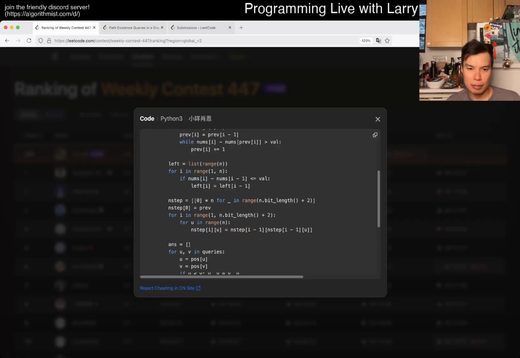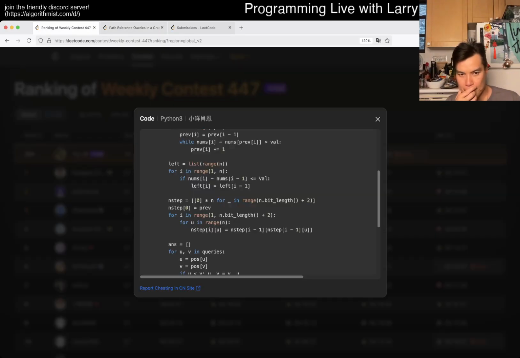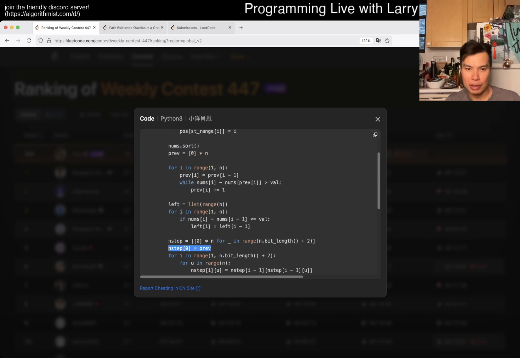Here, same idea though. Yeah, I mean, this is literally exactly the same. Oh wait, no, this is a lie. Previous, right? So previous. Actually, I don't know what previous means. Previous is all zeros. Oh, it's just the last element. Well, nums of I.